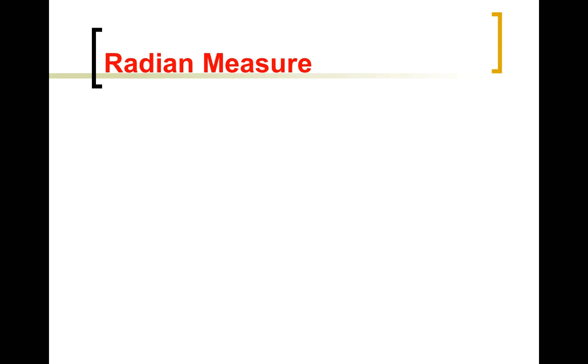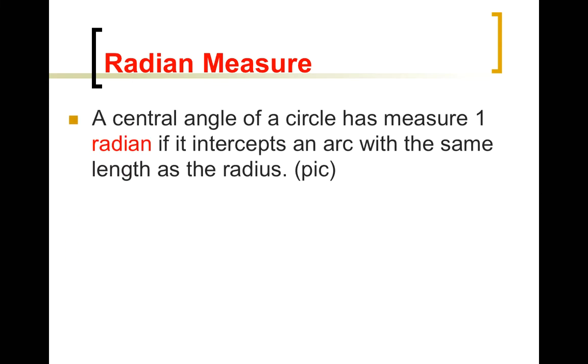We can't do anything in degree mode, really. So when we start to convert into radian mode, we need to understand what a radian is. A radian is this. A central angle of a circle has measure 1 radian if that angle intercepts an arc with the same length as the radius. Okay, so what does that even mean?